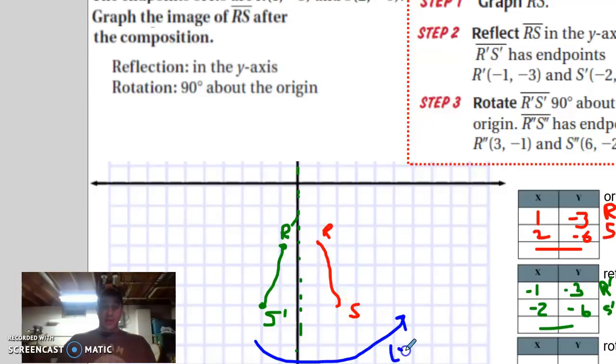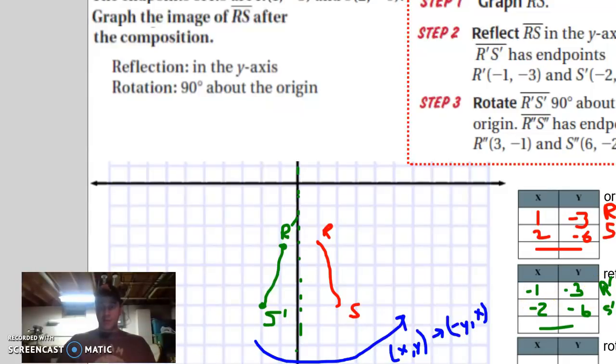And the rule that we used to make a 90-degree rotation was to take every x and y value and switch them around so y came first and then x, but we also had the y be negative. Okay, and that works every time for a 90-degree rotation about the origin. So now I'm looking at these coordinates.